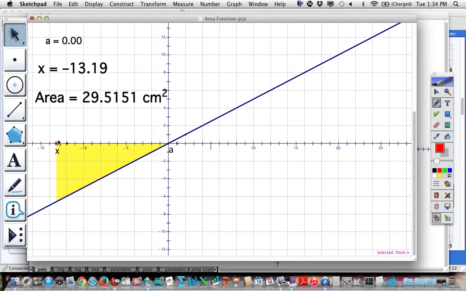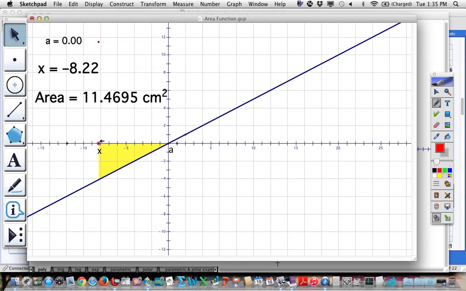So we got an area, I can't even see it on the screen right now. It's this yellow area. Now, what do we say about this yellow area? It's what? Positive. This area is positive right now. As I slide this X to the right, what's happening to my yellow area? I'm losing it, right? I'm losing positive area. Well, if you lose area, what's your area graph got to do?